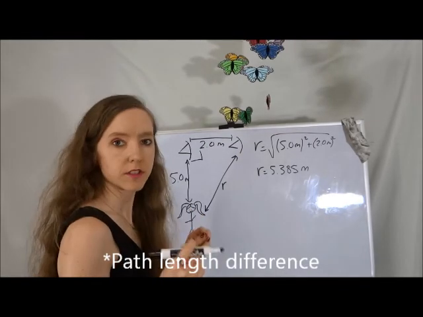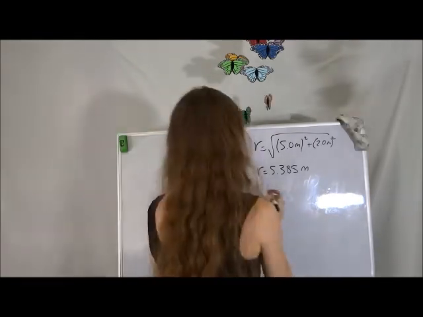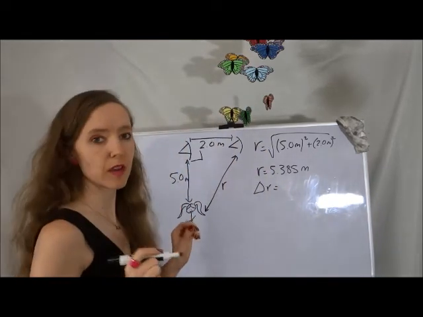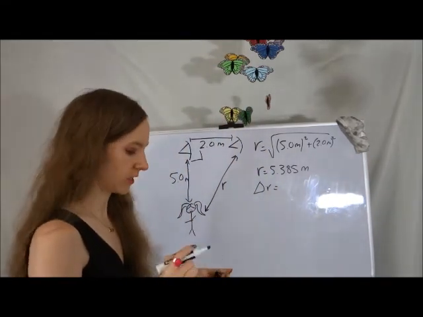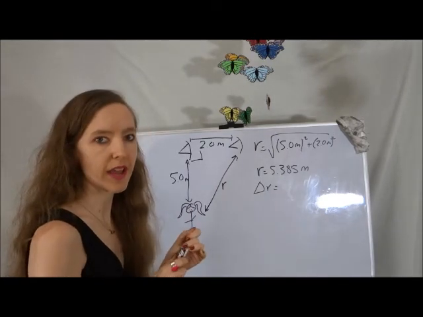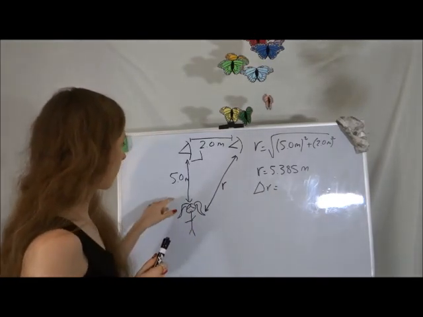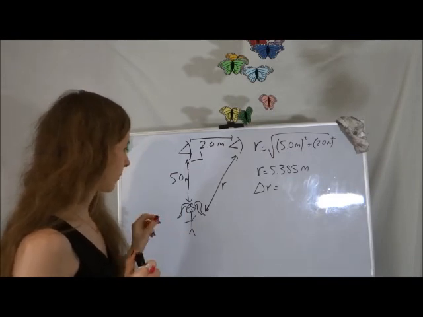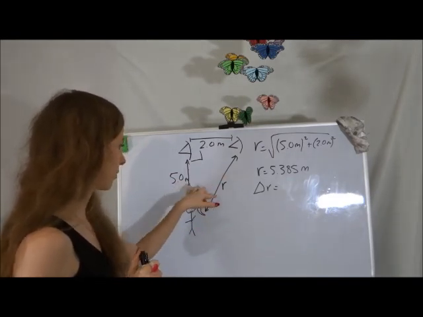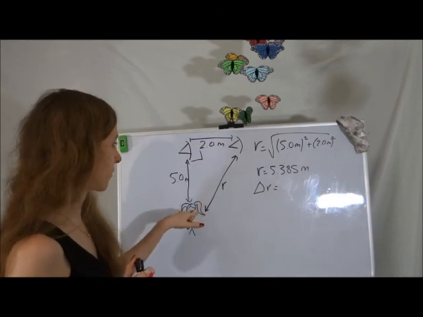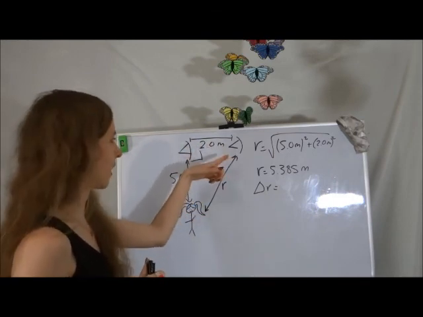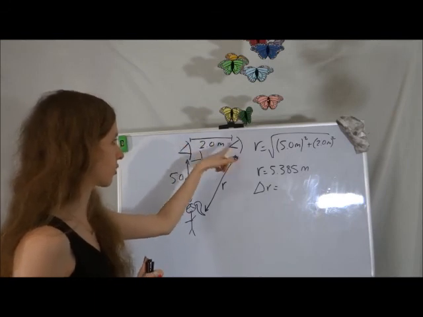So the next thing we need to do is figure out what our path length distance is. So this is our delta r or our delta d. Now we have to figure out what our relevant distances are. What are we trying to find the path length distance of? Well, our sound is going to Abby, so we want to find the difference between the paths of the two sounds that are traveling to Abby. So right here, this distance between the two speakers isn't relevant because we're not concerned about how the speakers are interacting with each other directly.